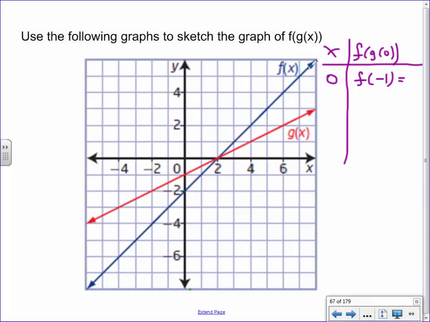Well, now I need to go to the blue graph, input minus 1, which is right here. What's the output? Correct. So when we're done, 0 originally gave us negative 1, and then after it gave us negative 1, it gave us negative 3.